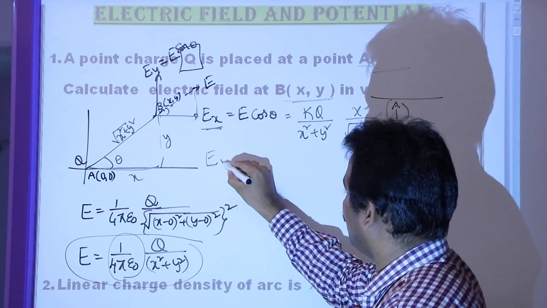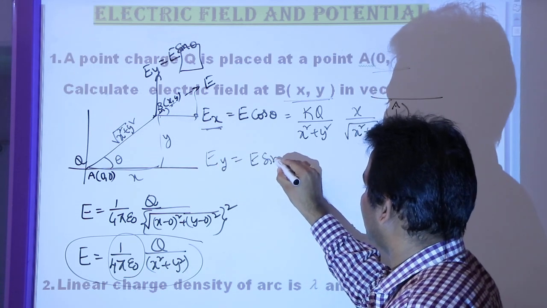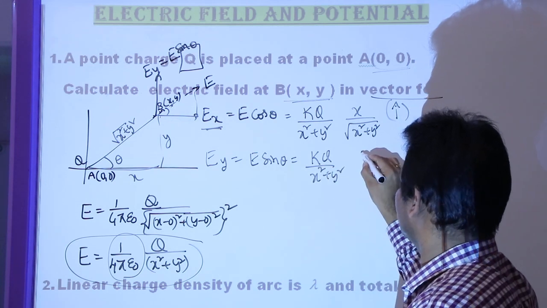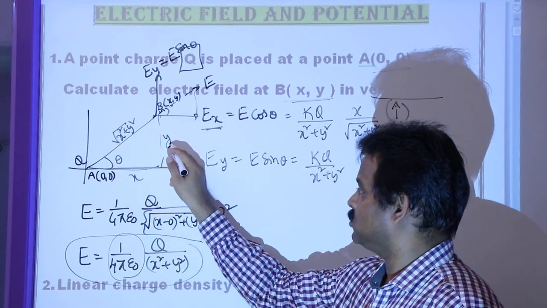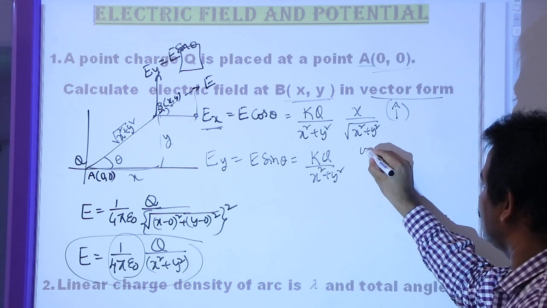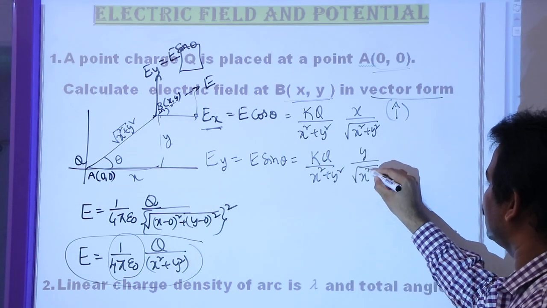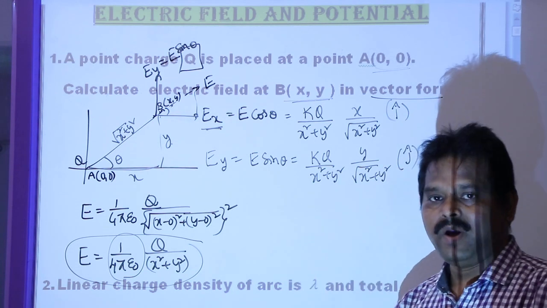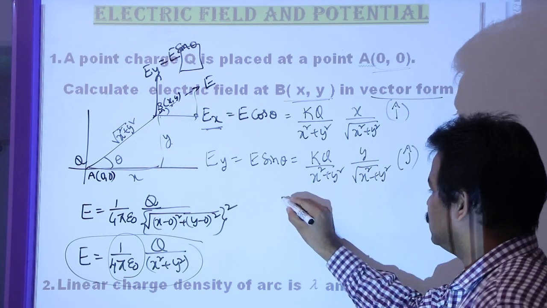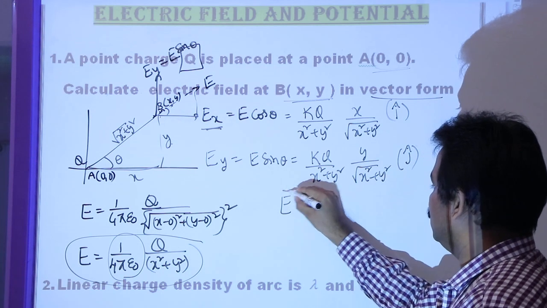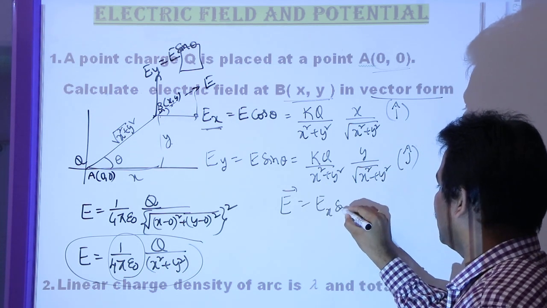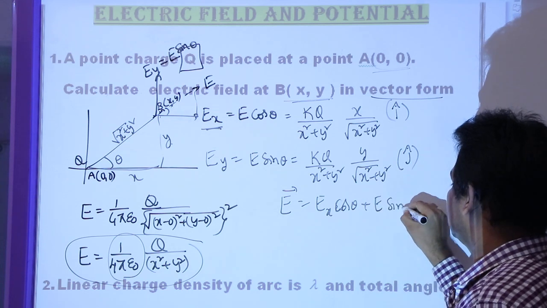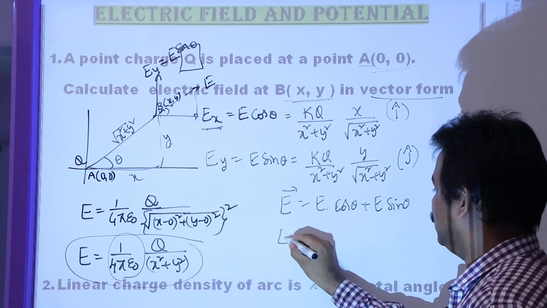Similarly, what is this Ey component? This is E sin theta, k q by x square plus y square. But here sin theta is opposite side by hypotenuse, y by root over x square plus y square, j cap. Now I want to find out this in vector form, which is given by E bar is equal to E cos theta i cap plus E sin theta j cap.